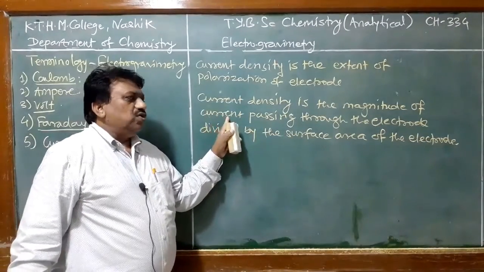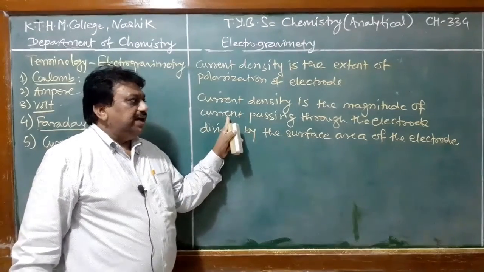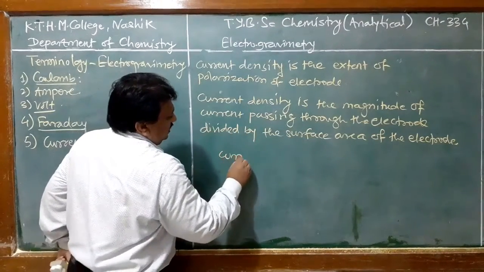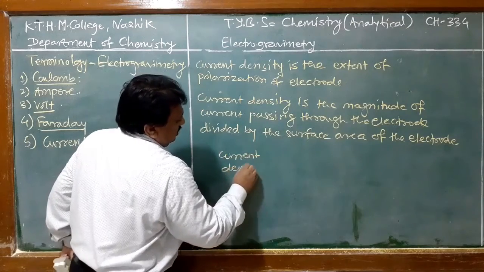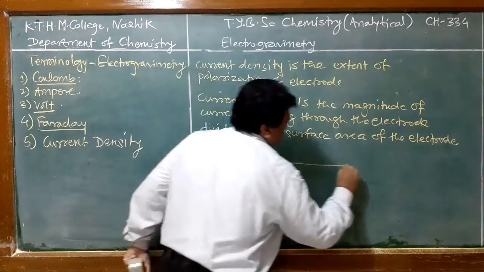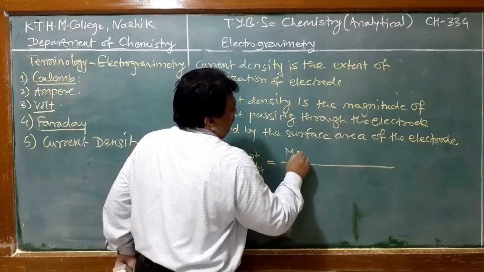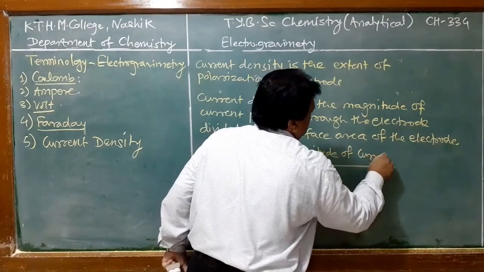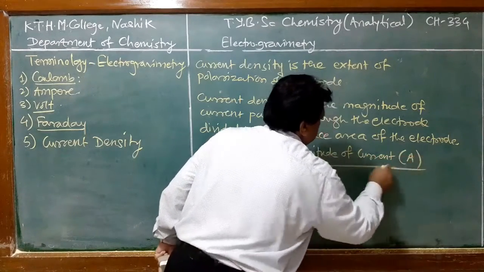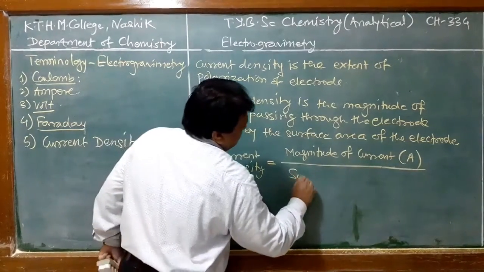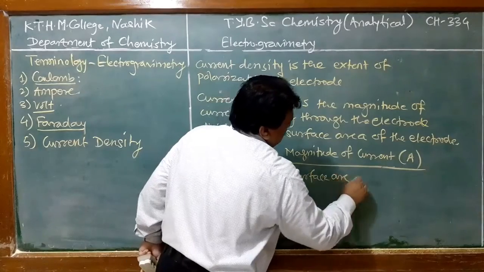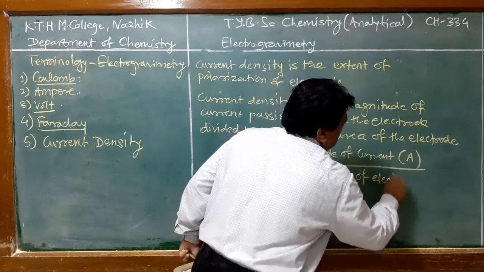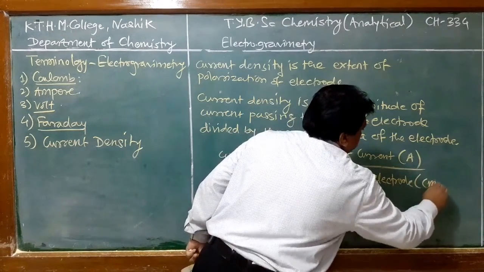Current density is the magnitude of current flowing through the electrode divided by the electrode area. Here current density is equal to the magnitude of current, measured in ampere, divided by the surface area of the electrode, measured in square centimeter.